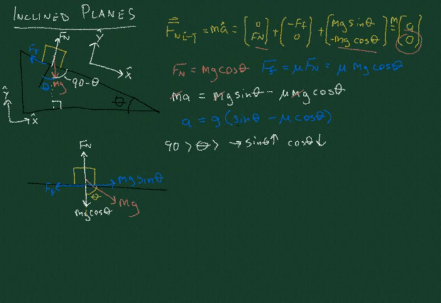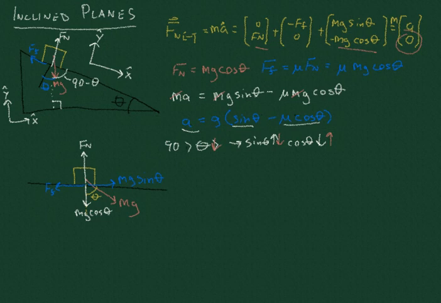That means the first term is going to be more positive and the second less negative, which means we're going to have a faster acceleration. Whereas if the angle goes down, then sine theta goes down, cosine theta goes up, and we're going to have a smaller acceleration.